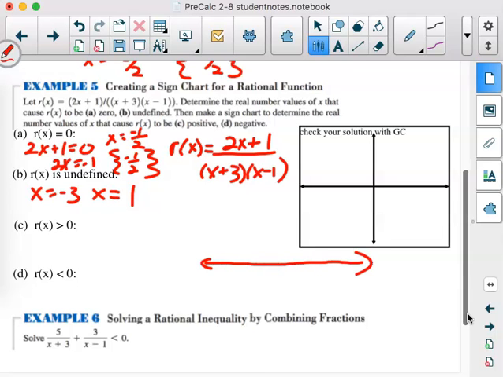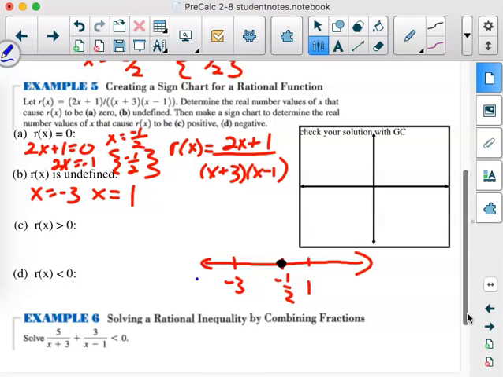Now that I have those, I make my sign chart. So I have negative 3, negative 1/2, and 1. And my 0 is at negative 1/2. So we get that nice and labeled. And now I want to know positive and negative, what's happening here? So pick a number like negative 4, something to the left of negative 3.